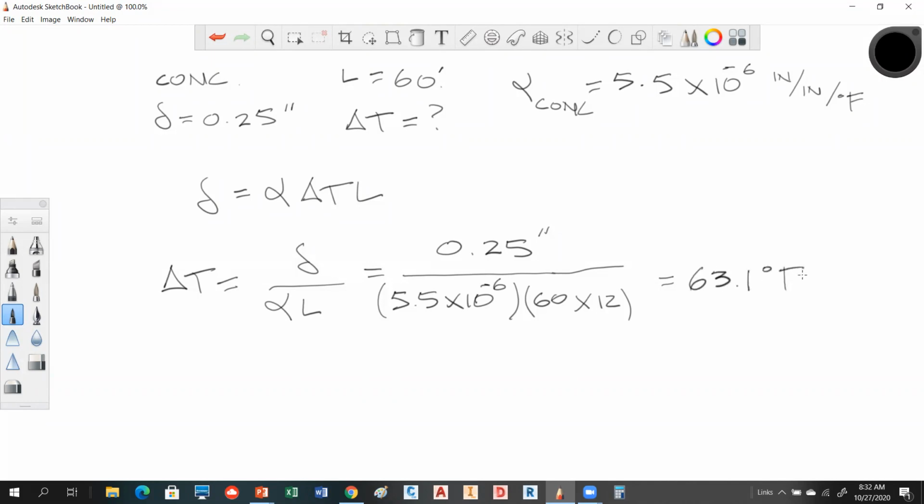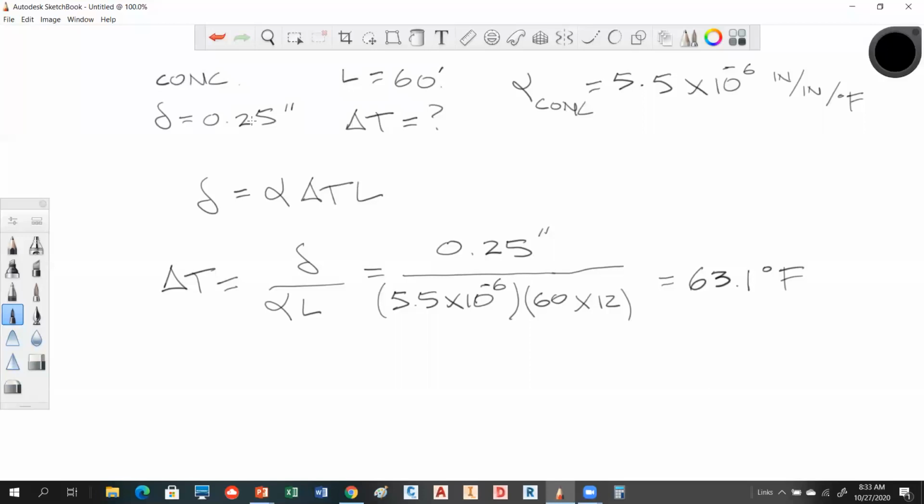That would be degrees Fahrenheit. What this is saying is, at whatever standard temperature you're talking about, we don't know what the actual starting temperature in this problem was, but whatever it was, if it rises 63.1 degrees Fahrenheit above that, that would cause that deformation.